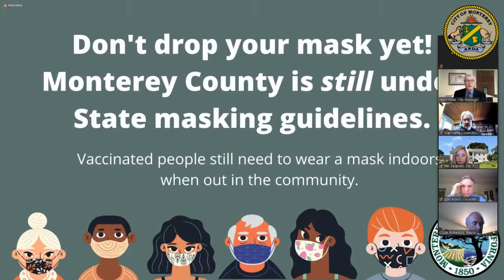We are still under state masking guidelines, and it can be confusing when you hear on the news that Costco and Trader Joe's, for instance, have dropped the mask requirements. But that applies just for those states where you don't have the state guidance that you have to wear a mask inside of grocery stores like we have in California.